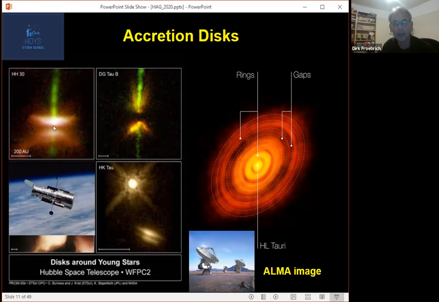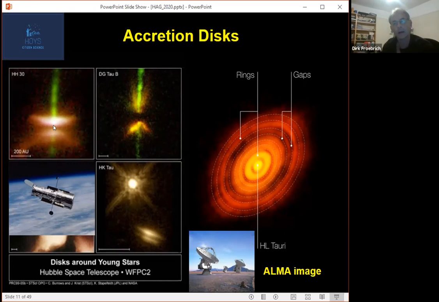So the young star in the top left picture, HH30, is actually hidden right where I have my mouse, you can't see any of the light from the young star. What you see instead, as this kind of shadow, is the disk of that system around the star, and we see that system edge on. And the disks, they're not flat, they don't look like Saturn's rings, they're flared. So the further away you go from the star, the thicker they become.